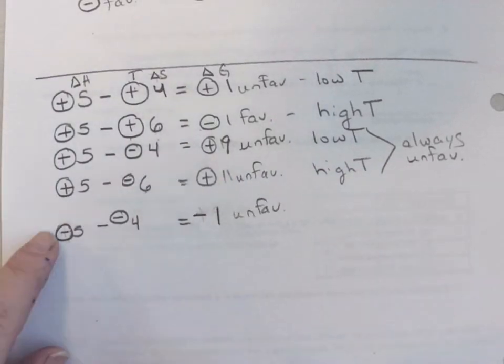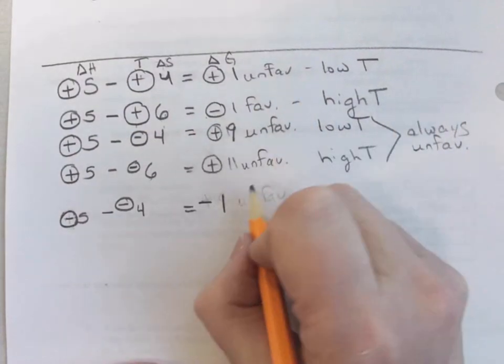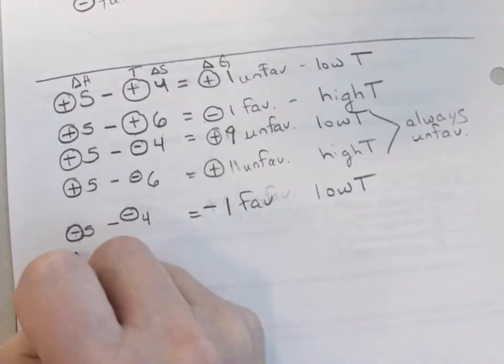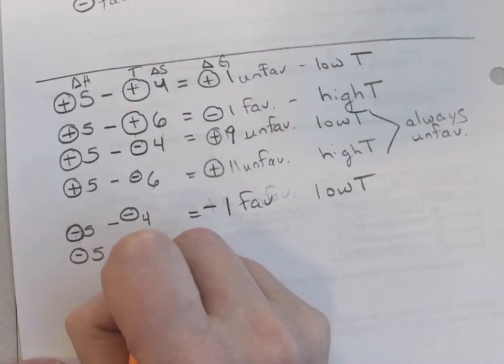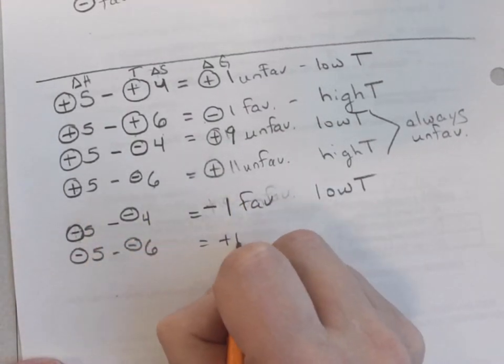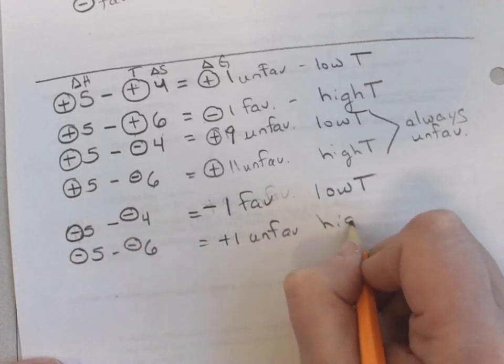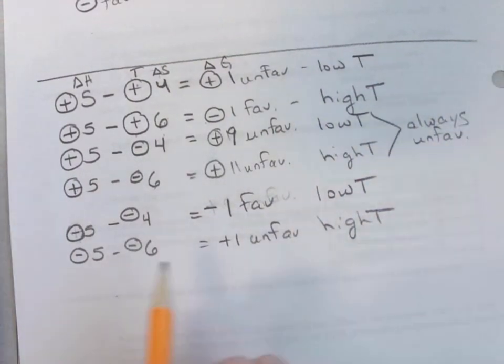All right. At low temperatures, it's favorable, right? Needed a better setup there. At high temperatures, it would be unfavorable. Okay, does that make sense? I'm sorry. Thank you for catching that.